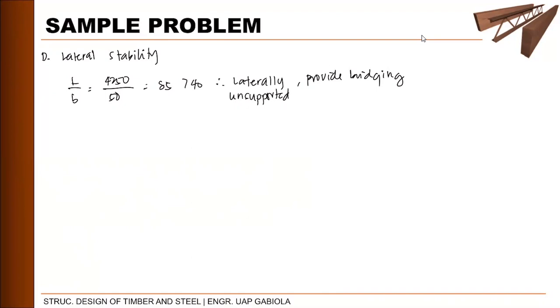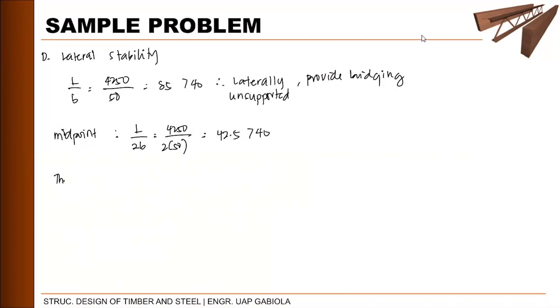Okay? So, kung i-assume natin halves by midpoint, magiging siyang L over 2B. So, that is 4,250 all over 2 times 50. So, ano mangyayari dito? This is 42.5, which is still greater than 40. So, hindi pwedeng by midpoint lang.